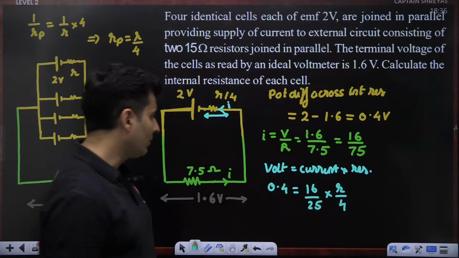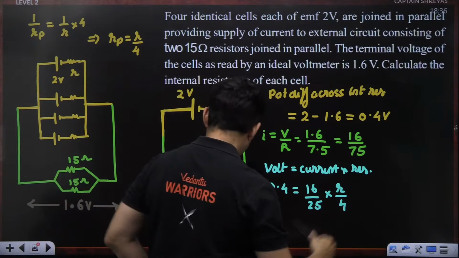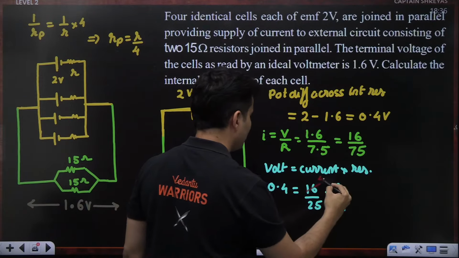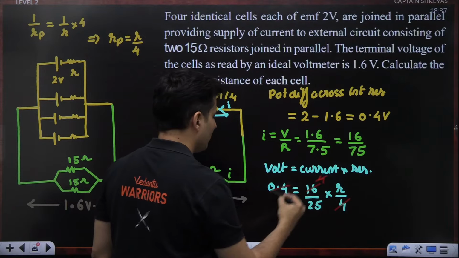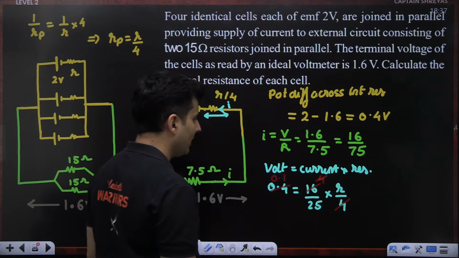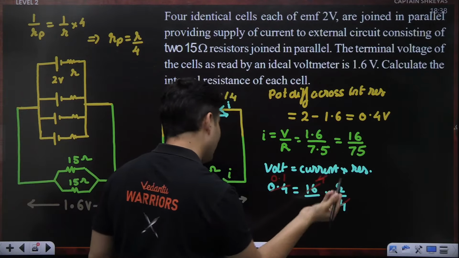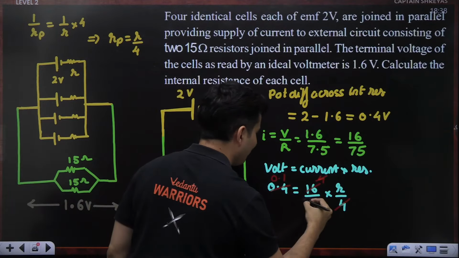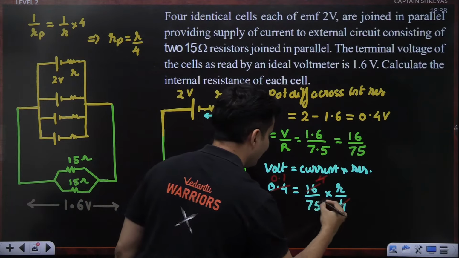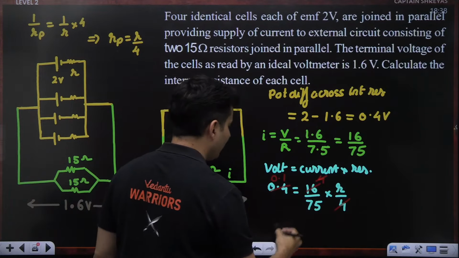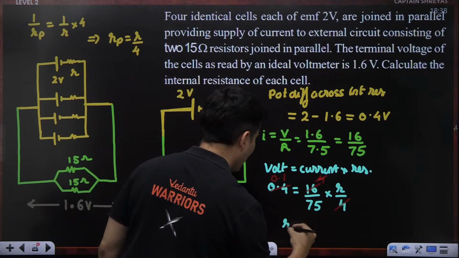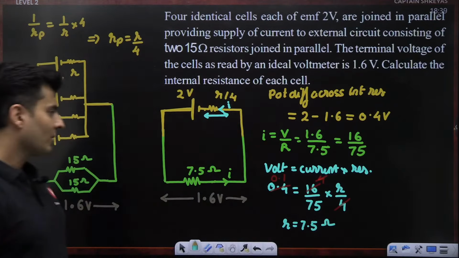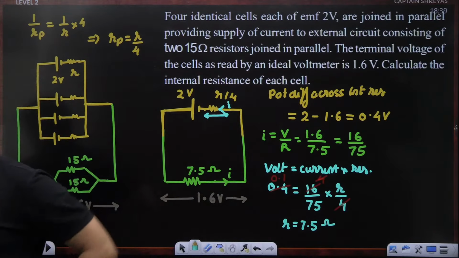So you can see that we can cancel this 4 with this 16. You will have 0.1 over here. Yep, I wrote 25, but this is 75. These are called silly mistakes. So 75 into 0.1 is 7.5. So R is basically 7.5 ohms. Perfect. These are silly mistakes which do happen at times.